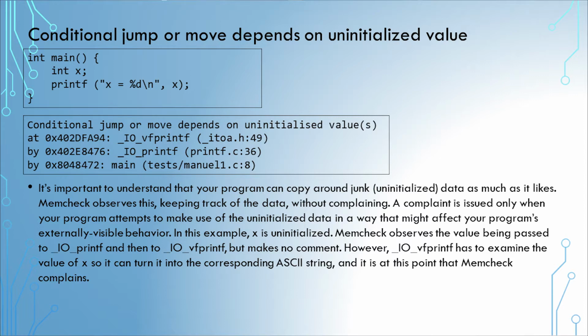Let's say in this example, x is uninitialized, Memcheck observes it, but it doesn't tell you anything. Only when it goes to IO printf and then to IOV printf is the comment made, because IOV printf has to examine the value of x. But if you just use x and never examine it, you will never get a warning or an error by Valgrind, and that's okay because it didn't do anything undefined.